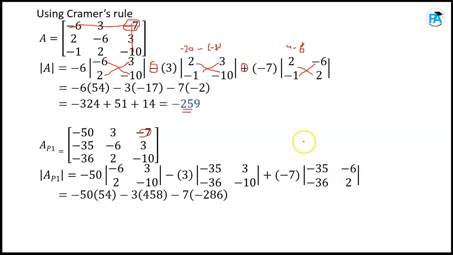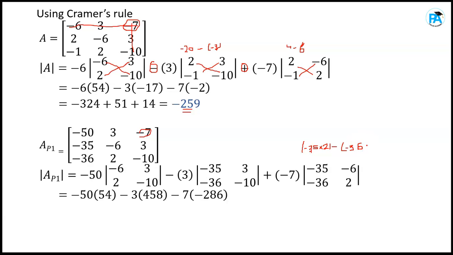Please be very careful when fixing it on your calculator. Just fix it like, open bracket and write negative 35 times 2, close the bracket and bring minus, then you open bracket again, negative 36, times negative 6. That's how, do it like that so that it won't bring any problem.